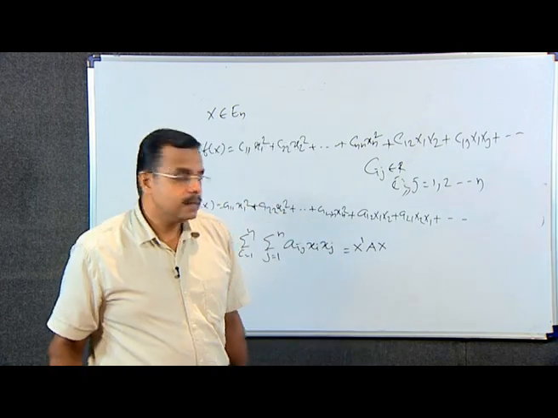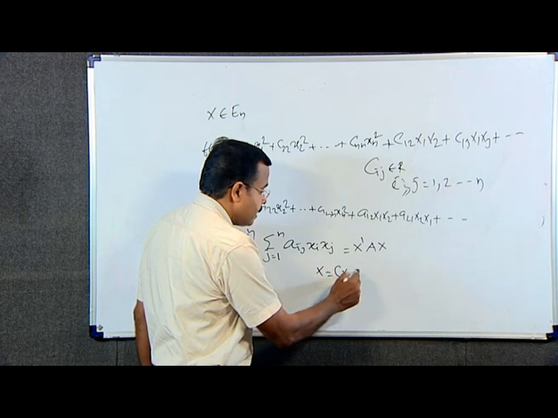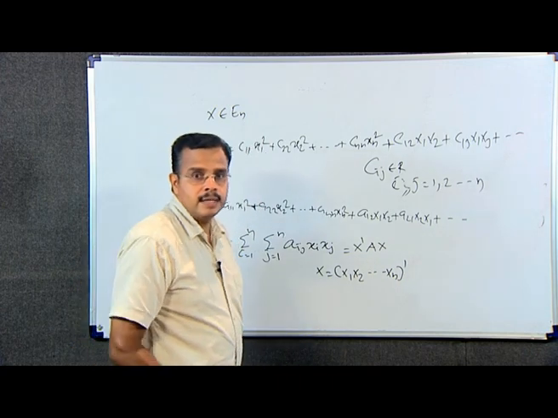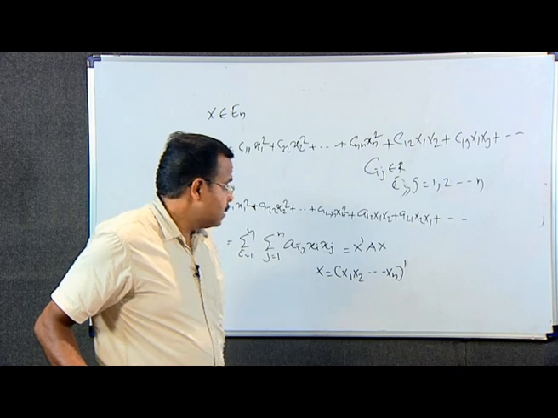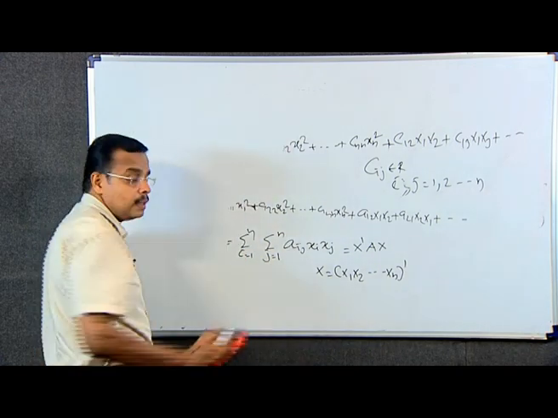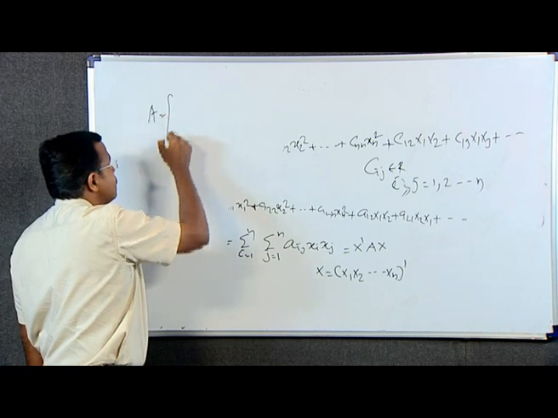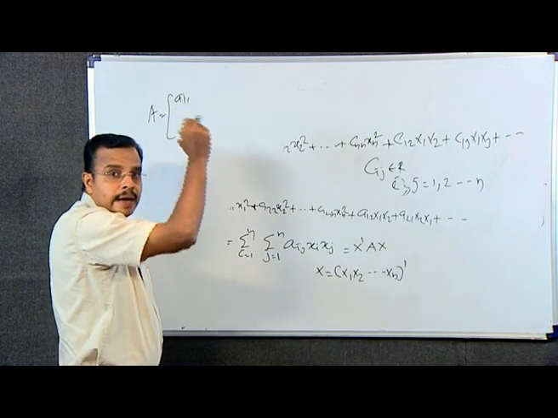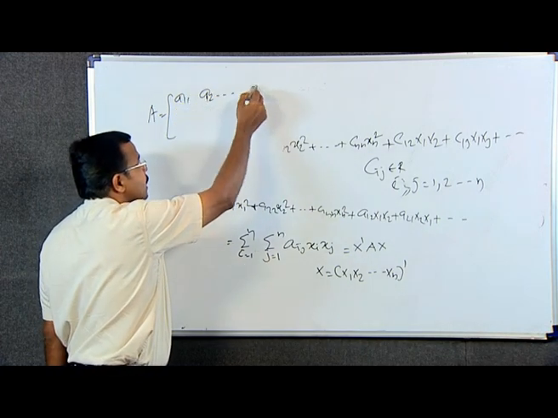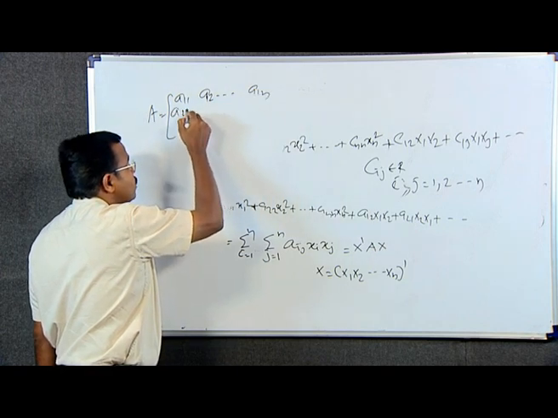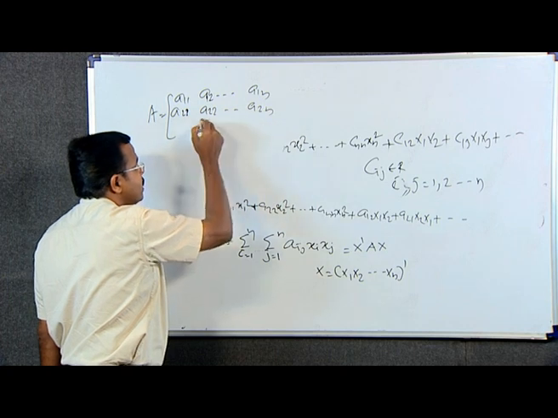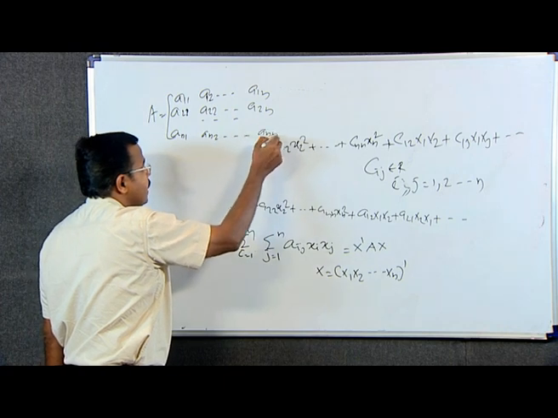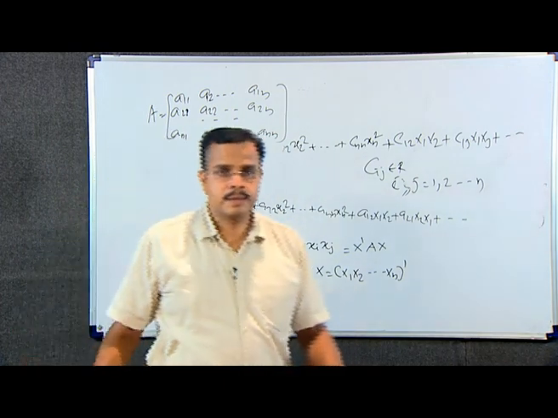X is a column vector, that is X is equal to (x1, x2, etc., xn) dash, and A is a real symmetric matrix containing the rows a11, a12, etc., a1n, then a21, a22, etc., a2n, and the last row an1, an2, etc., ann.